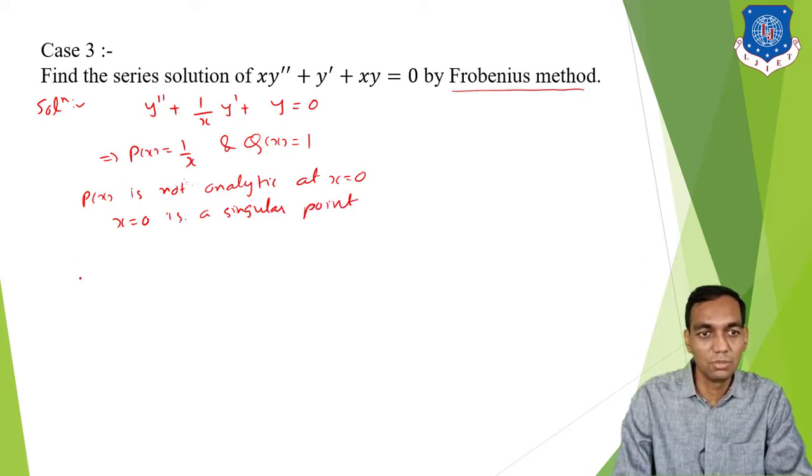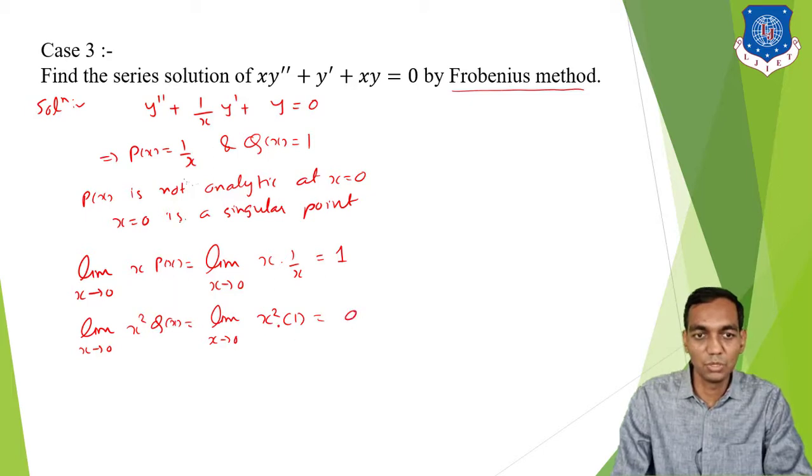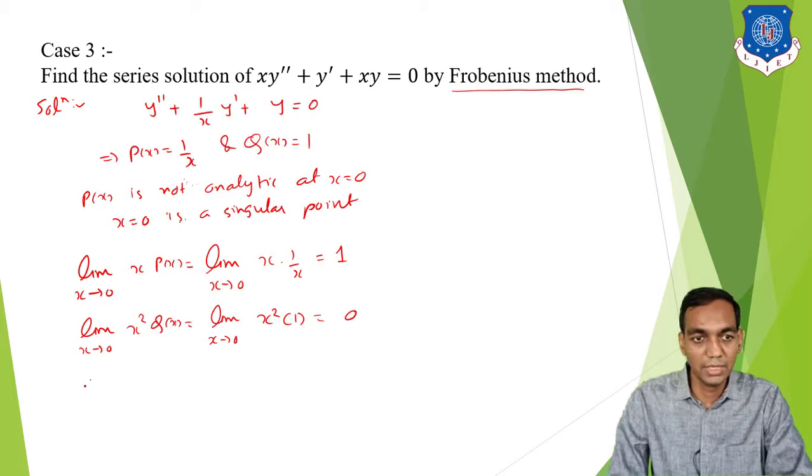So you have to check the limit as x tends to 0 of x into p(x), which is the limit as x tends to 0 of x into 1 upon x, so it has a value 1, and the limit as x tends to 0 of x square into q(x), which is the limit of x square into 1, and that has a value 0 because 0 into anything has a value 0. So both values are finite, and therefore x equal to 0 is a regular singular point.